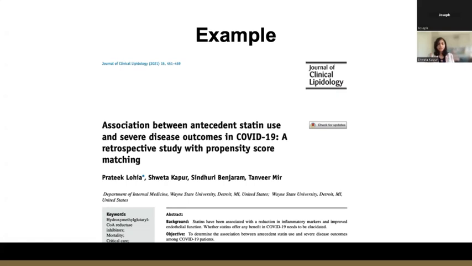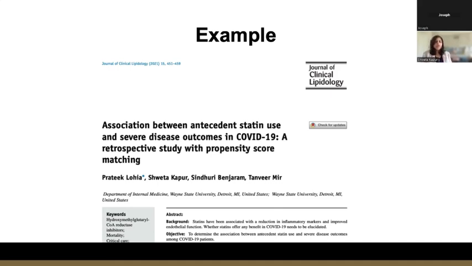It was a lot of work, but I think it was worth it, because this manuscript was published in the Journal of Clinical Lipidology, which is a high impact journal, and it's the official journal of the National Lipid Association of the US. The findings at that time were very relevant, and it got a lot of media attention.